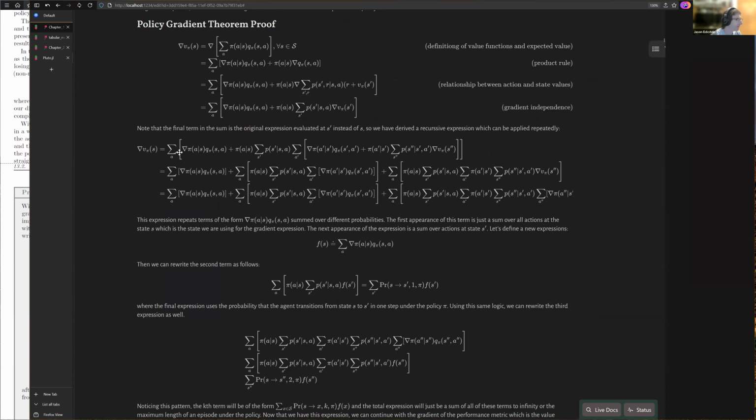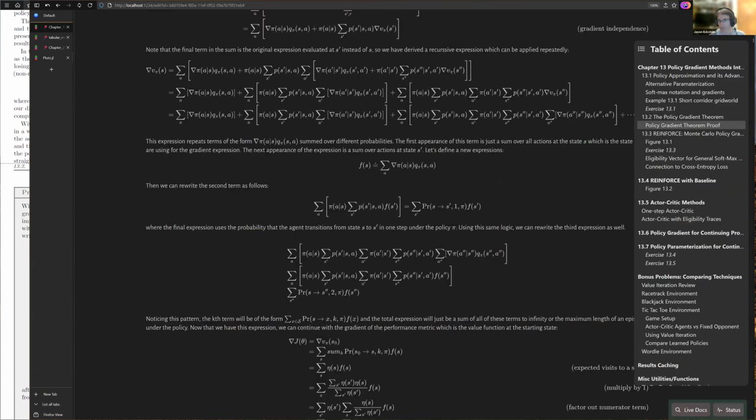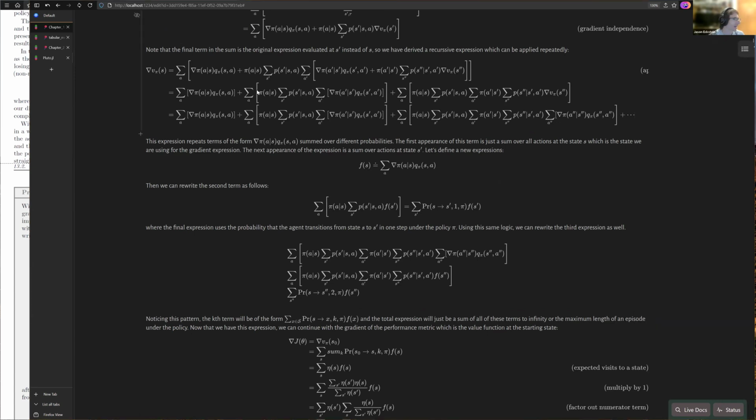So here, this first expression is just the gradient of the policy times the action value at S, A. And then for the second term, we still have the sum over A on the outside, and we still have this same looking expression, but now instead of S and A, it is S prime and A prime.